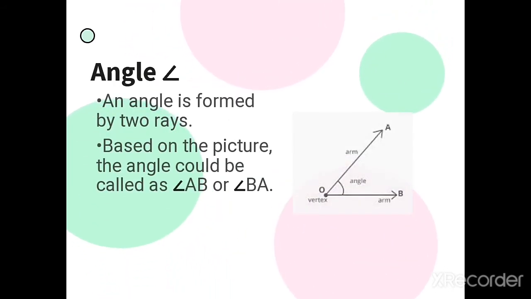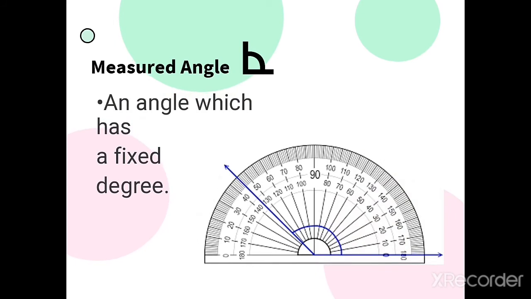So, let us move on. We have angle. An angle is formed by two rays, and based on the picture, the angle could be called angle AB or angle BA. Next is the measured angle, an angle which has a fixed degree. Take note that the difference between an angle and a measured angle symbol is that the measured angle symbol has somewhat of a curve at the corner of the symbol, as seen here.